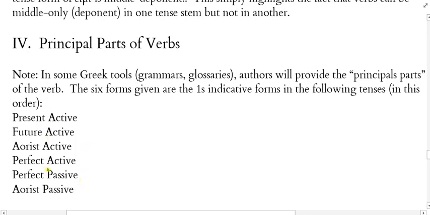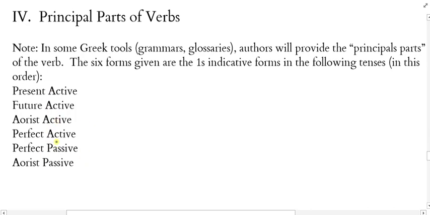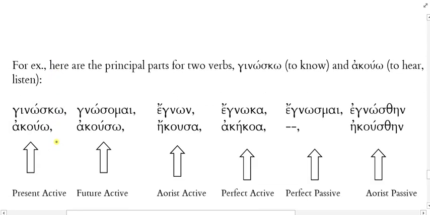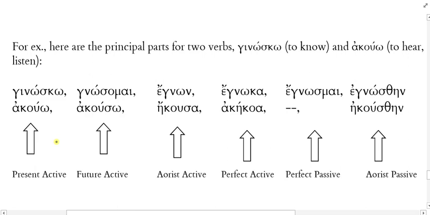Okay, so I've laid it down from top to bottom, but if you look further, you'll see that this is really the way it's going to be laid out, usually from left to right. So first column, present active, second column, future active, and so forth. Now, why do the grammars provide us with things called principal parts?